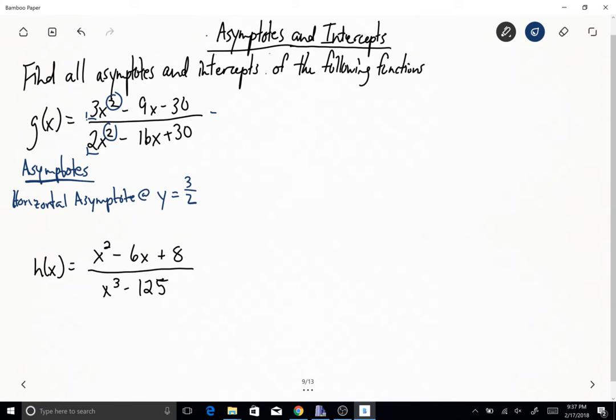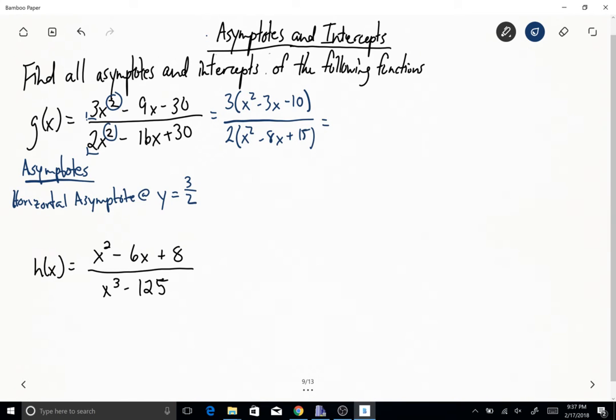Now for the vertical asymptotes, we're going to need to factor things a little bit nicer. So we have 3 you can factor out of the top, so you get x squared minus 3x, and then minus 10. And then down below we have 2, and then we have x squared minus 8x plus 15.